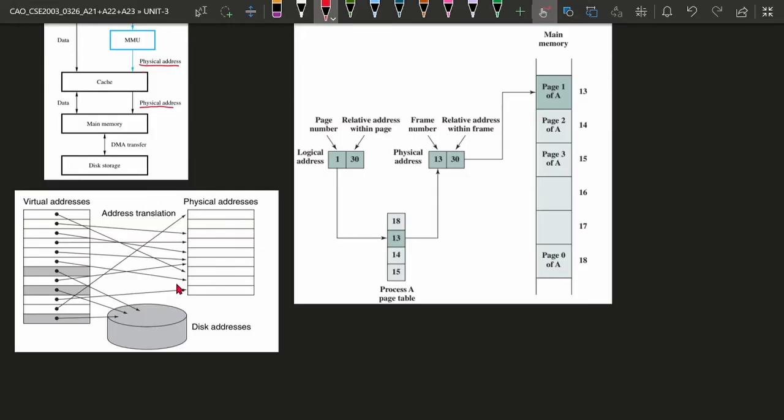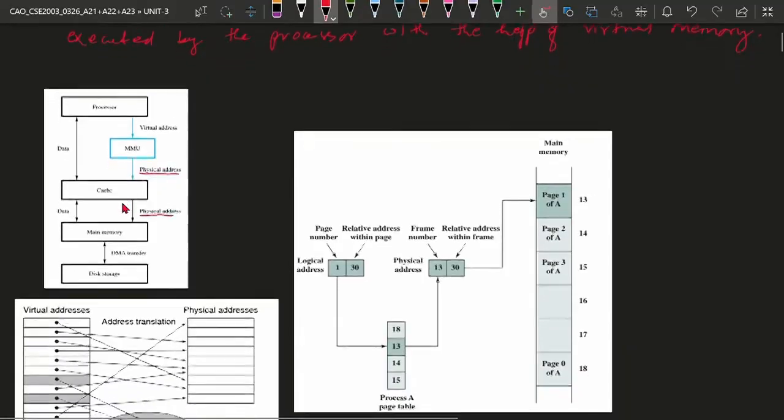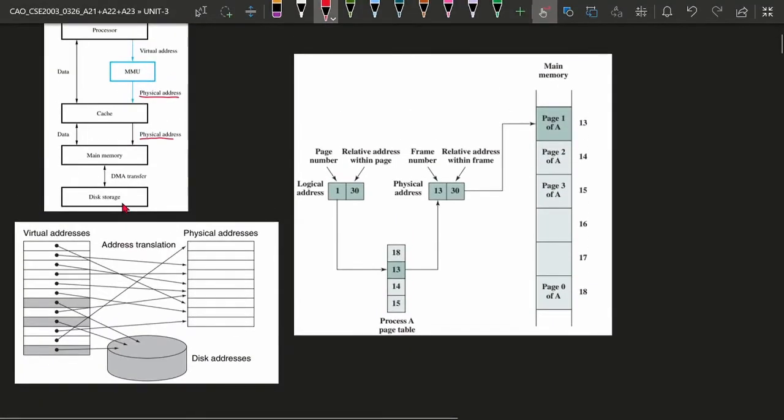Okay, you can take an example here. The logical address or the virtual address will be divided into different parts. Some part will be indicating a page number, and the second part will be the relative address within the page, or we can call it the page offset.